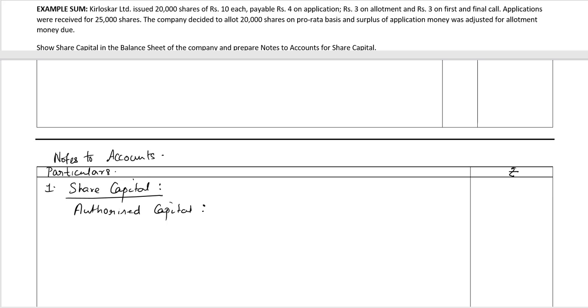There is no mention about the authorized capital, so it's dash shares of rupees 10 each. XXX with a double underline. We'll go on to issued capital.